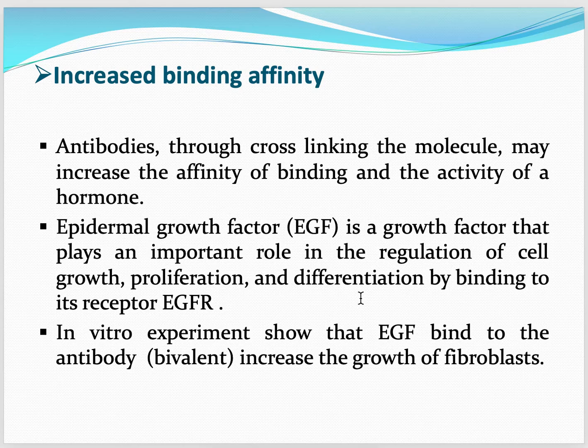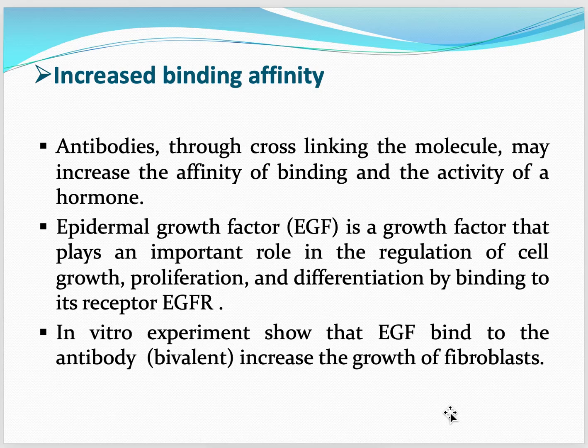To do so, the EGF has to bind to specific receptors. The cells have specific receptors for the EGF, and those receptors are called EGFR, the epidermal growth factor receptor. In vivo experiments showed that EGF bound to the antibody increases the growth of fibroblasts.